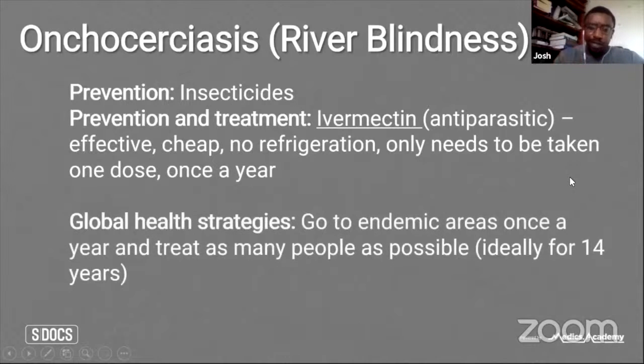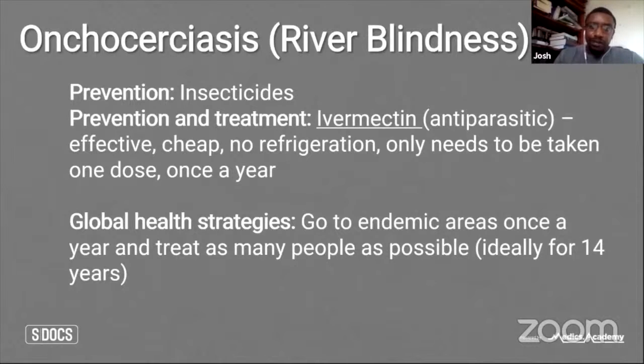And of course, these are just the two mainstays that global health strategies or interventions will involve. They will go to endemic areas where the population is known to be at risk or have circulating onchocerciasis. First they will incorporate lots of insecticides, but also importantly, they will treat everyone with ivermectin, as many people as they can, and they'll go back again every 6 months or every year and treat everyone again.